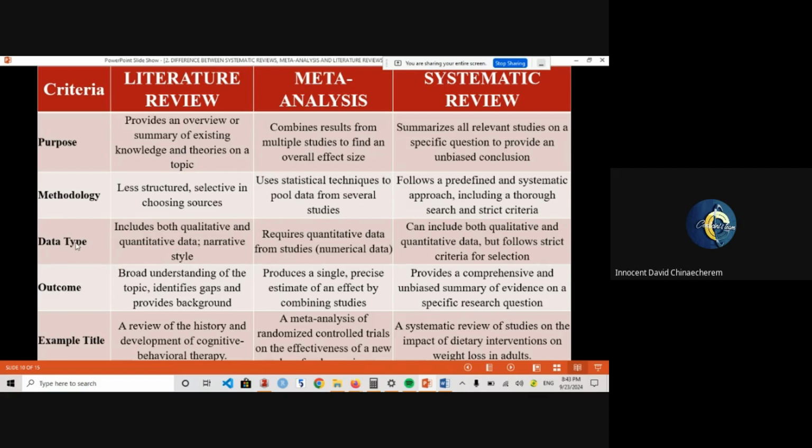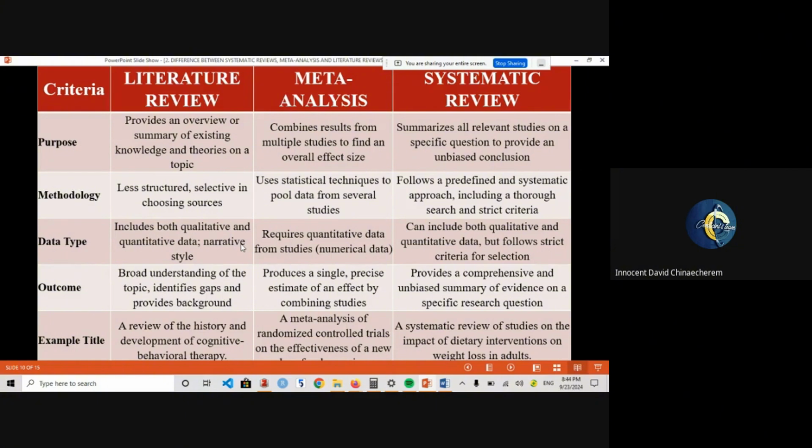Now, in terms of the data type, wonderfully, right? A literature review can include both qualitative, quantitative, and narrative. So if you look at your project in your literature review, usually in your chapter 2, you find that some of the citations that are there, some of them, if you look at the reference list, some of them are qualitative studies, some of them are narrative. They can be anything.